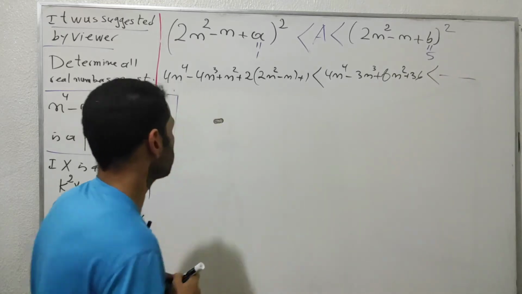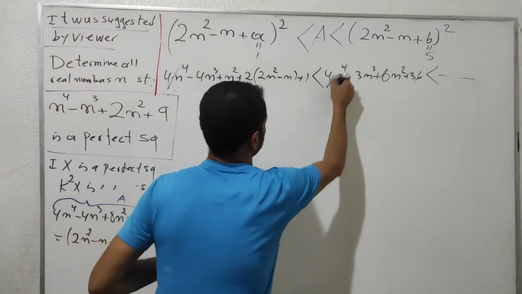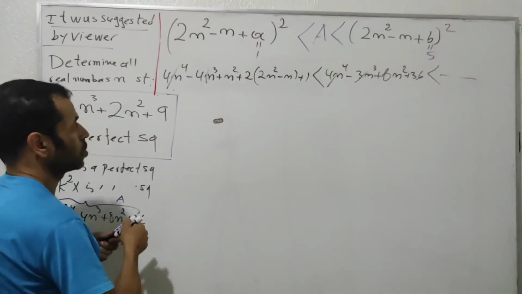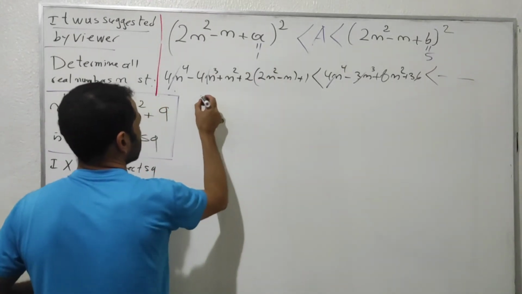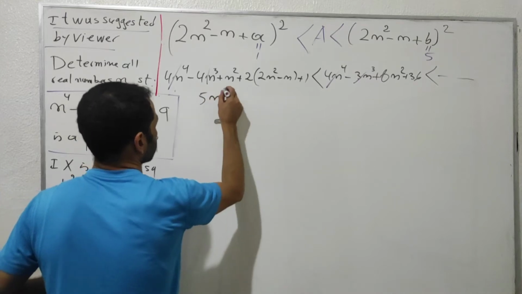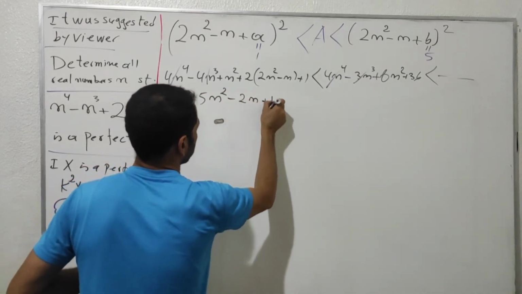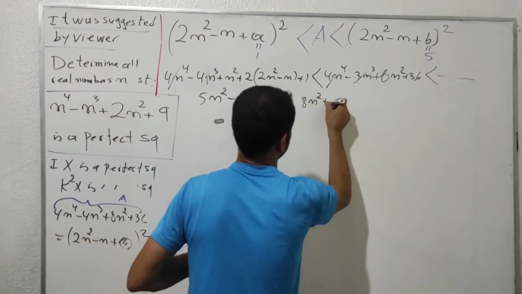Okay, we will have many things cancel out here, this one and this one, because they are the same. So the only thing left, I get here 4n squared plus n squared, which is 5n squared minus 2n plus 1 is strictly inferior to 8n squared plus 36.